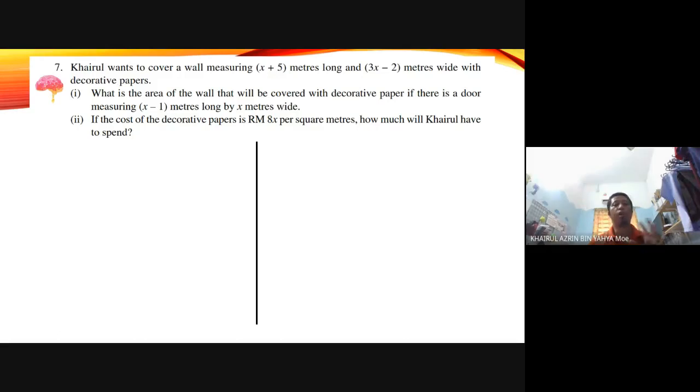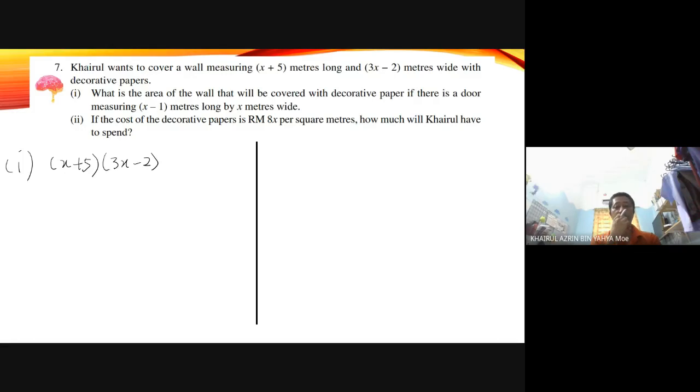Now we have a wall. The area of the wall is x plus 5 multiplied with 3x minus 2. Okay, that is the area of the wall.